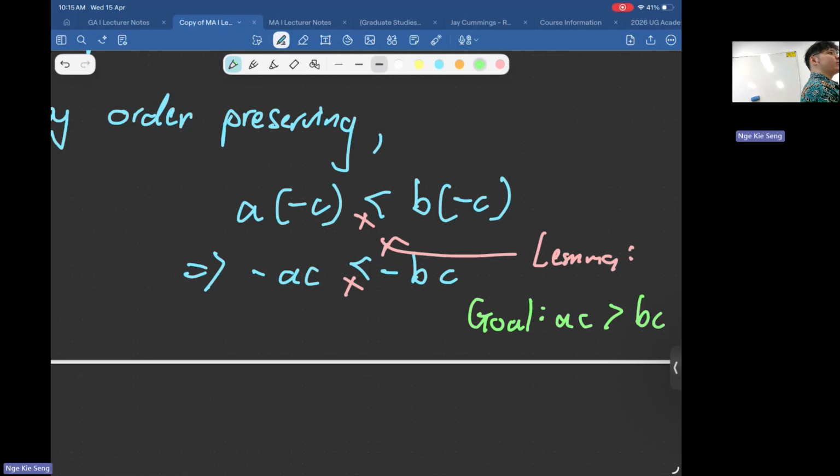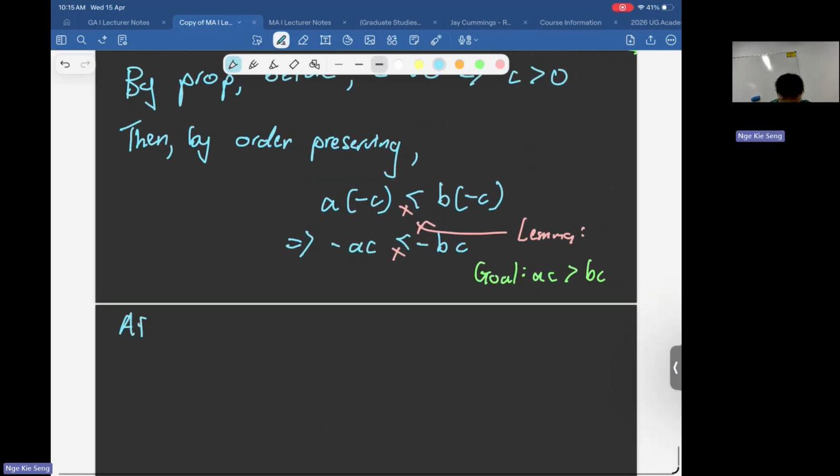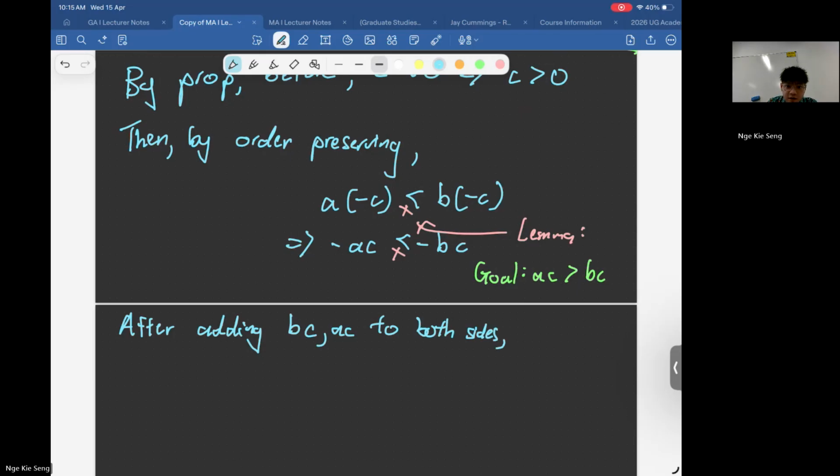By doing what you say, you are checking whether it's positive or not, right? What you're saying is equivalent to adding BC and AC to both sides. We get BC less than AC. Is it equivalent?